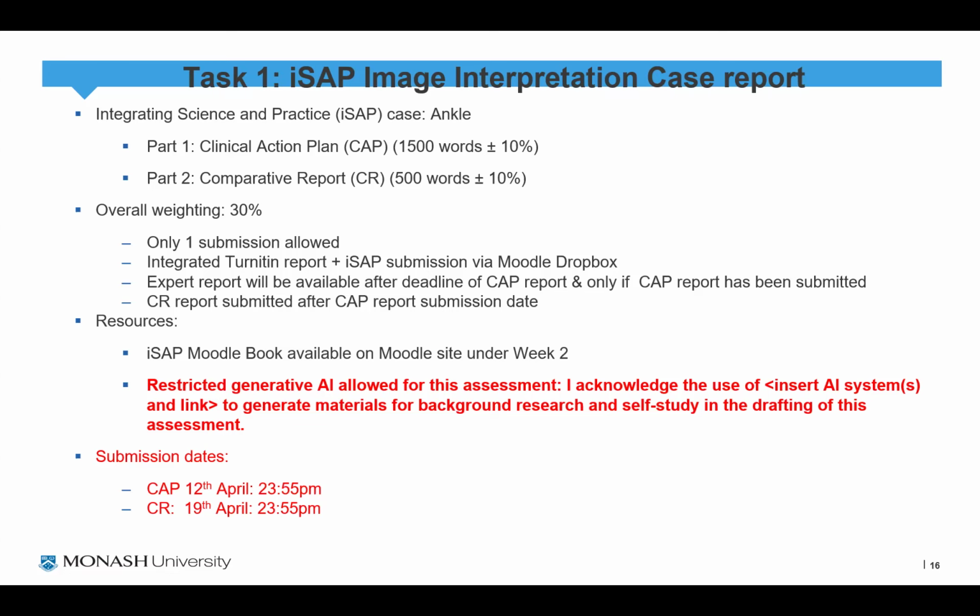So once you submit to the Dropbox, it automatically gets integrated into the Turnitin software matching process, and it will then spit out a similarity index. And for the university, the similarity cap, the index, is 15%. And as I mentioned before, if it's more than that, don't go into panic mode.